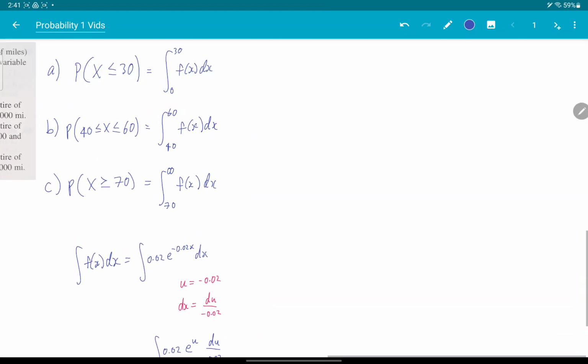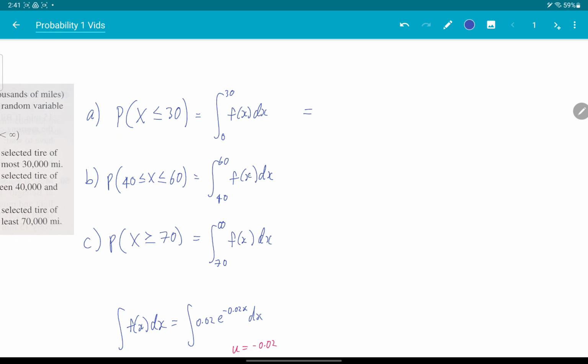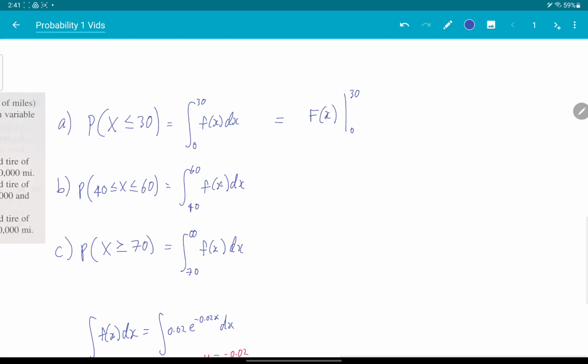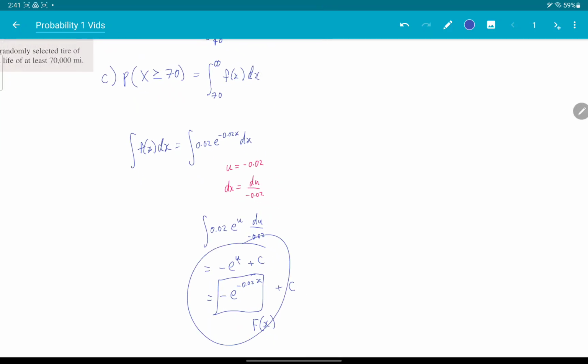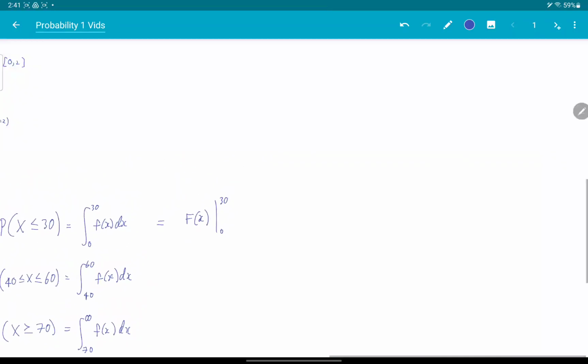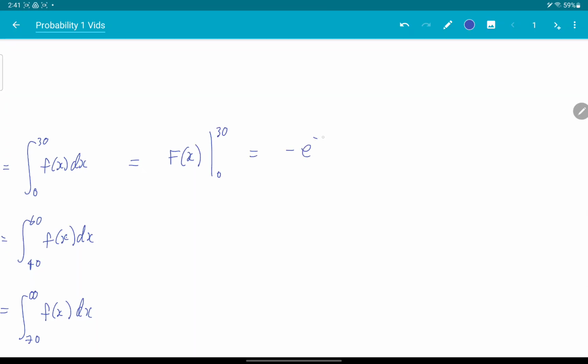Part A. We're doing this integral. And we get F of x from 0 to 30, and F of x is found below, which is negative e to the negative 0.02 x from 0 to 30.